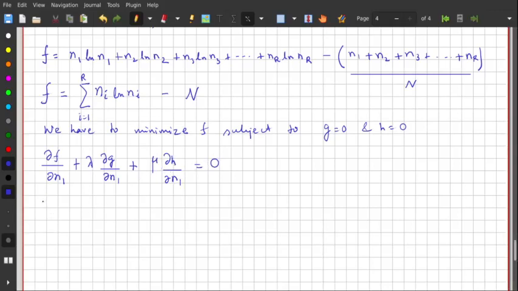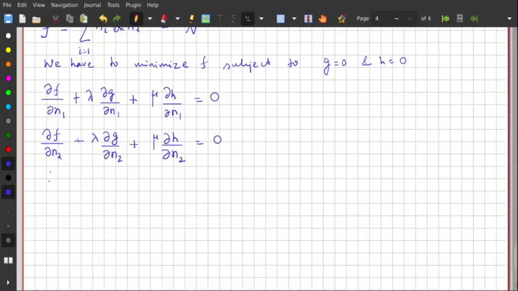Like that we can write partial f partial n2 plus lambda partial g partial n2 plus mu partial h partial n2 equals 0. Okay, and this we can write for all of the r energy states.